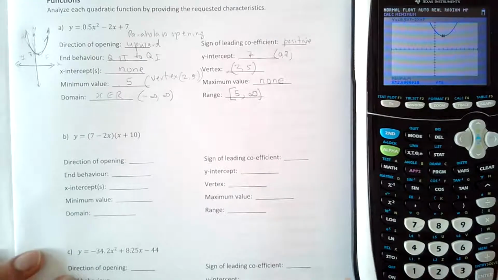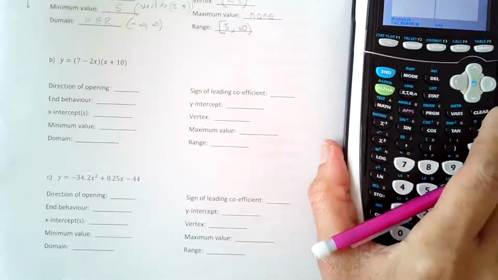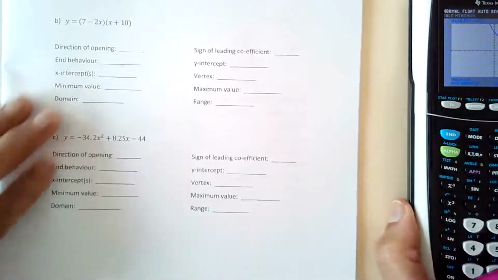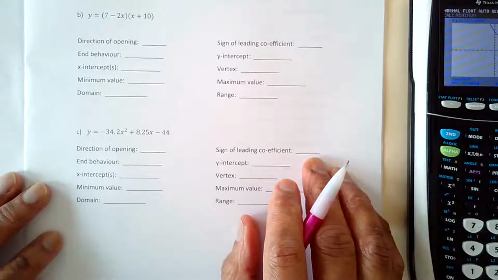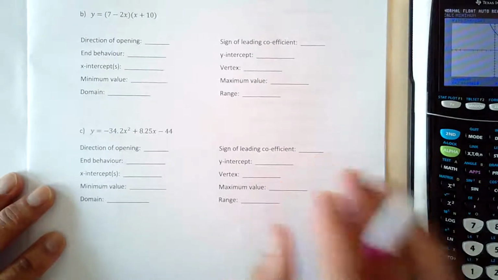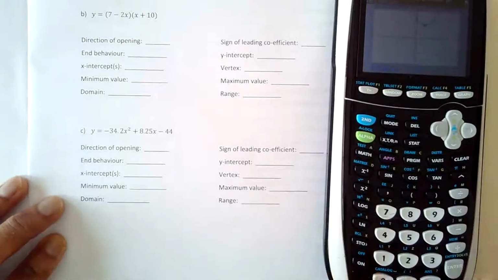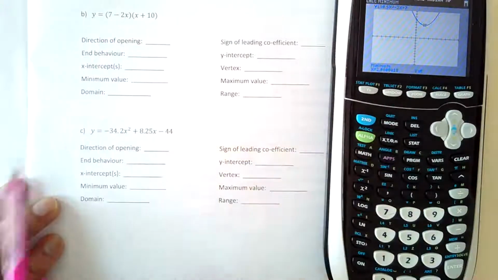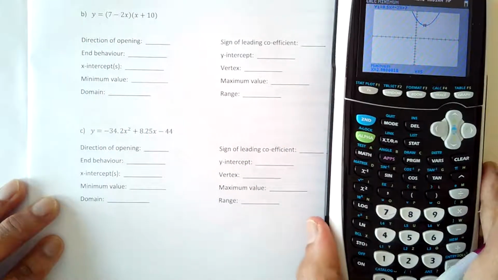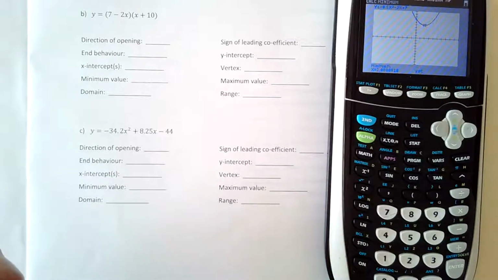Let's look at the next question. Next one, this will look like a parabola. Let's see. Well, don't let that deceive you, because we have to enter this into our calculator. Oh, by the way, maybe I should show you by now how to use Desmos.